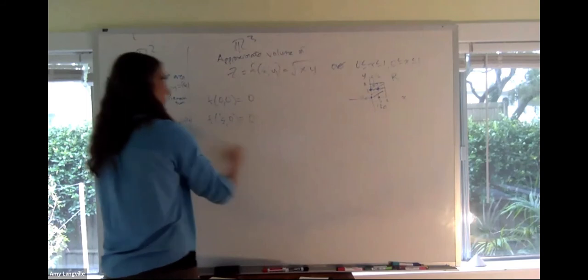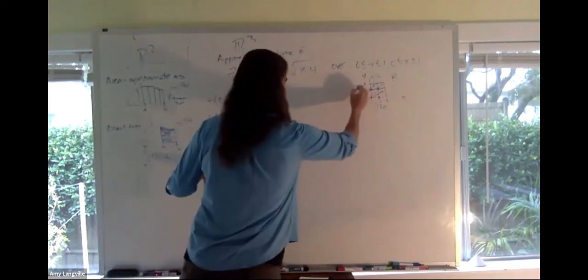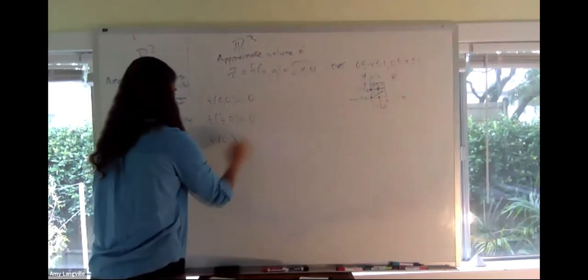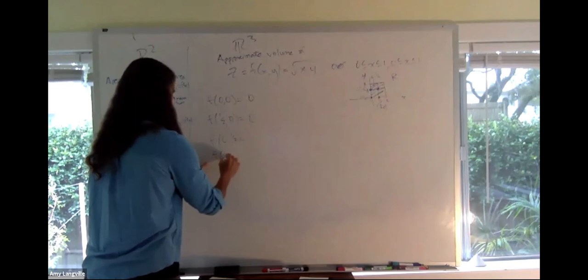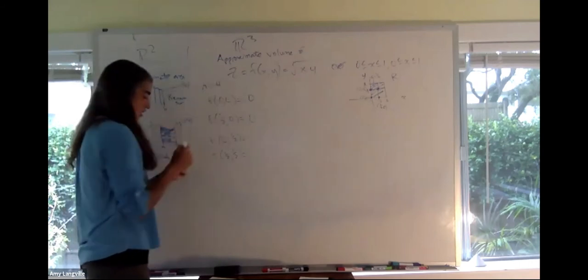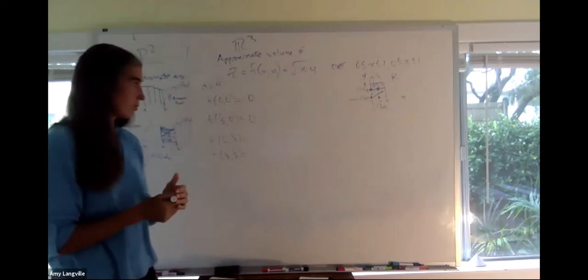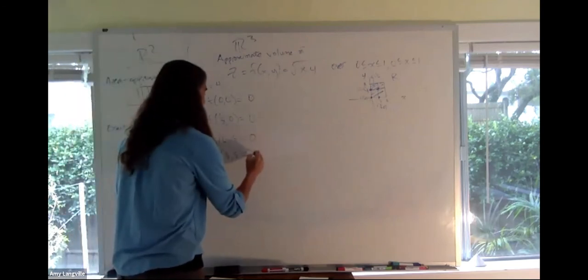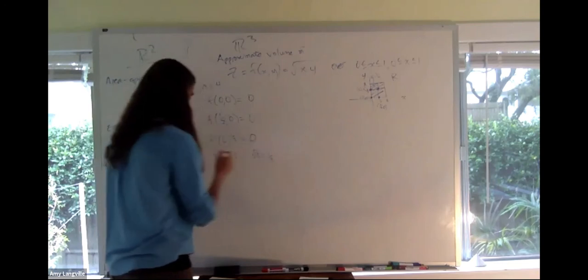I'll get 0, 1/2, and 1/2, 1/2. In this case, this is called an n equals 4 approximation because I used 4 rectangular prisms. So I need to go ahead and compute these. And this will be the square root of 1/4 times 1/4, which is 1/2.